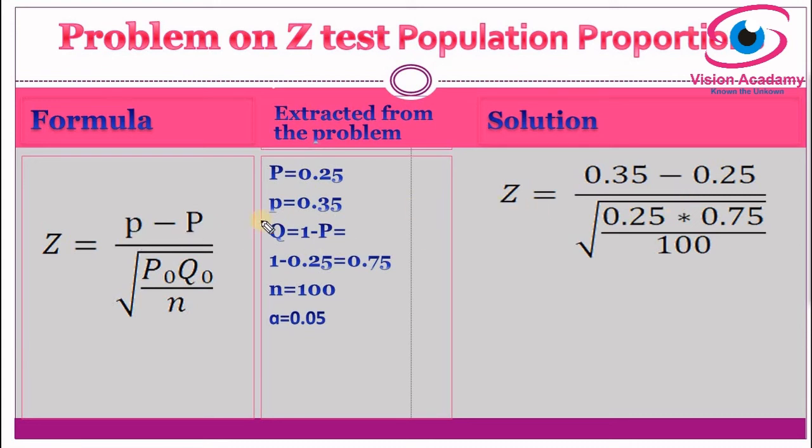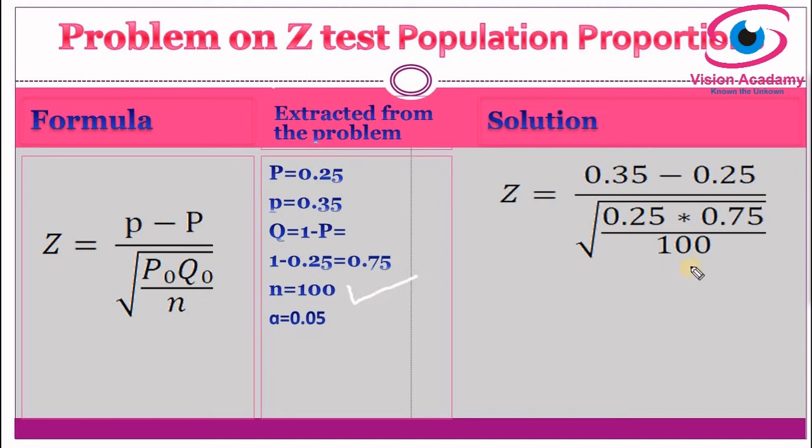Our small p, the sample proportion, is 0.35, minus our population proportion 0.25, and in the square root we have the population proportion 0.25 and Q, the population proportion of non-defective, which is 0.75, and our sample size is 100.